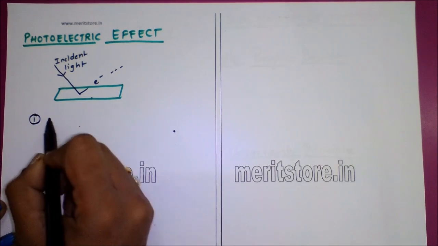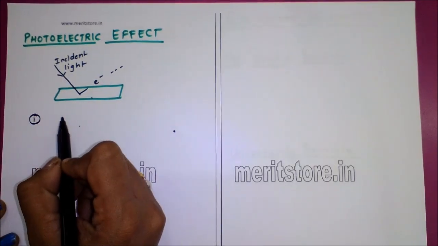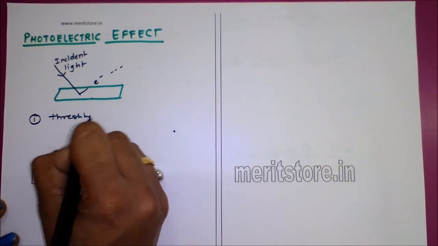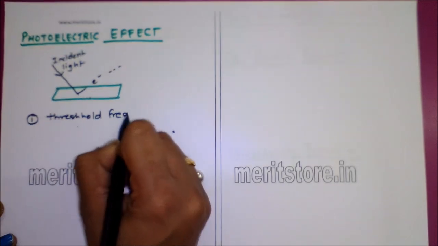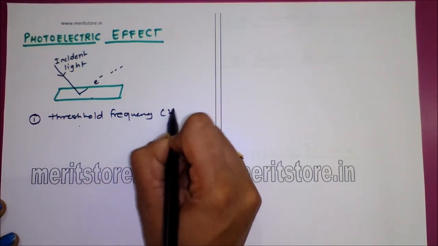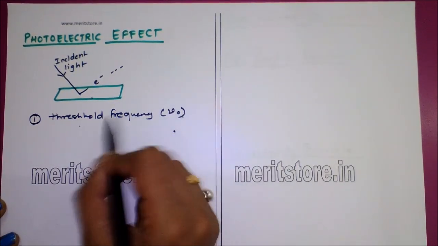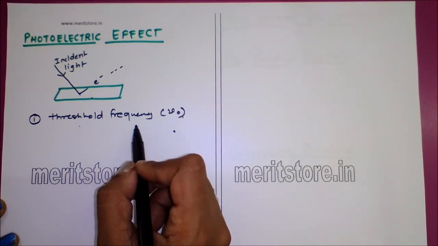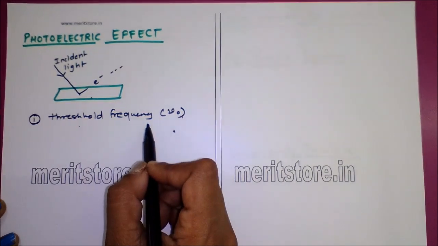Point number 1, the light should have a certain minimum frequency, we call this the threshold frequency, which is denoted by nu naught. If the light has this much frequency, only then it is capable of ejecting the electron from the surface.